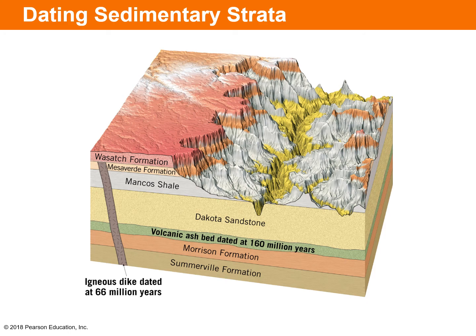So we know all three of those formations are between 66 and 160 million years old. And that's how we get a pretty good estimate of the numerical age of these sedimentary rocks, despite the fact that we can't effectively use radioactive dating on them.